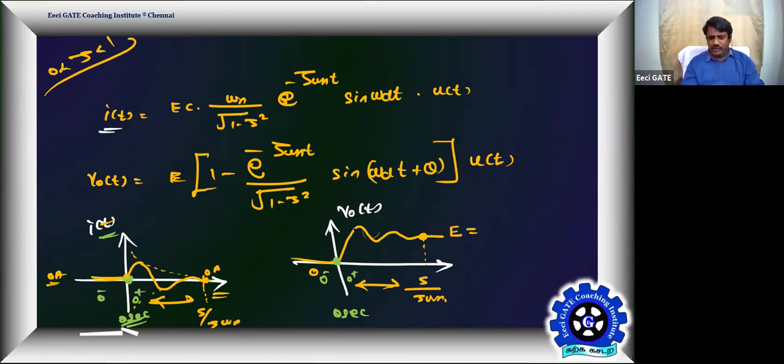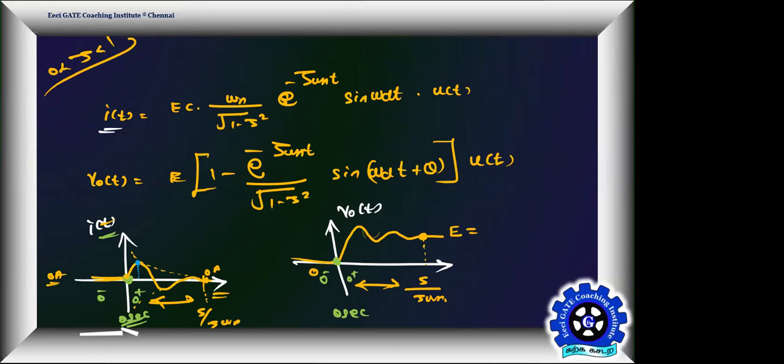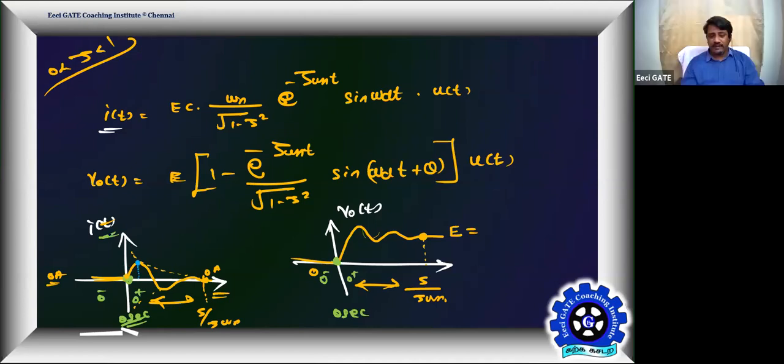Can anyone tell me what is this time? The current is maximum. Current is maximum means peak time. Actually, we are playing with the I of t, not Vc of t. This is the peak time. Getting everyone? Yes or no?